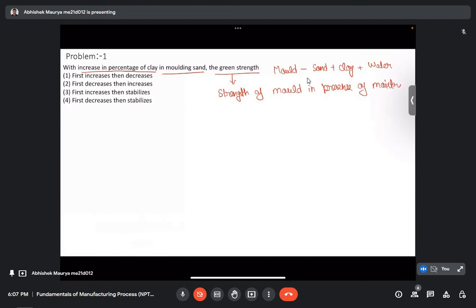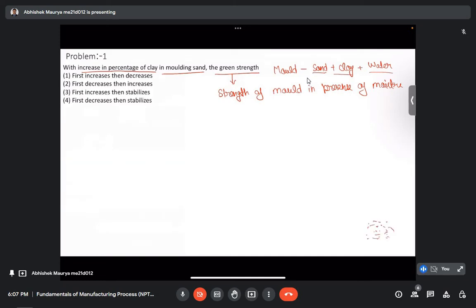So the standard way of measuring the green strength is, suppose we prepare the molding sand by adding sand, clay and water. It is here.